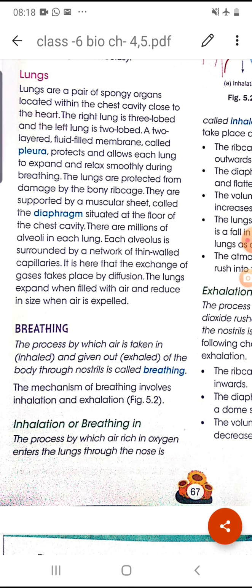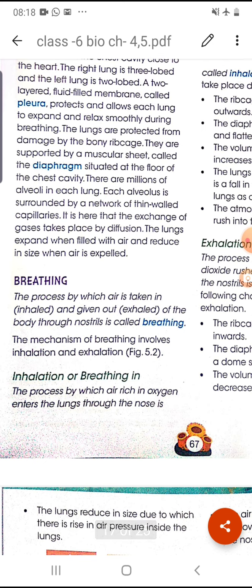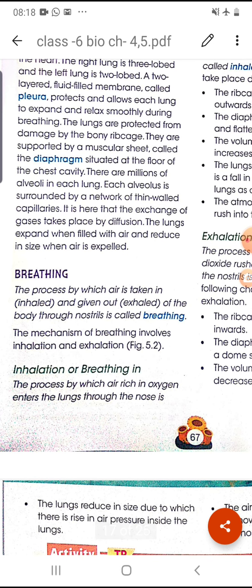Each alveolus, meaning one single alveoli, is surrounded by a network of thin-walled capillaries, and the exchange of gases generally takes place within the alveoli by the process of diffusion. The lungs expand when filled with air and reduce in size when they expel the air, meaning when they give out the air.